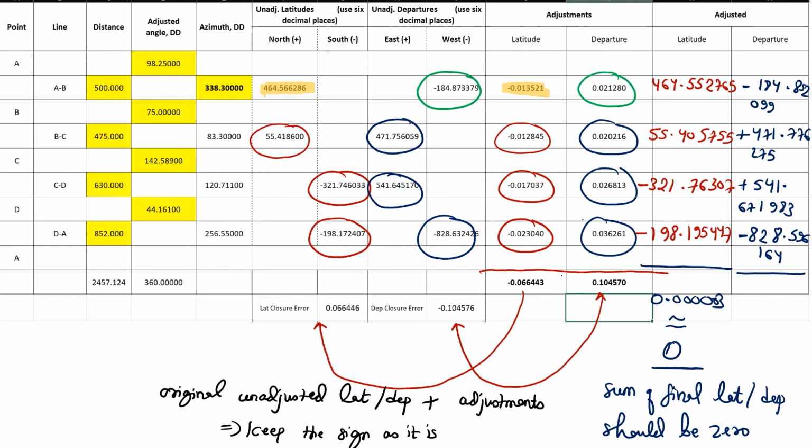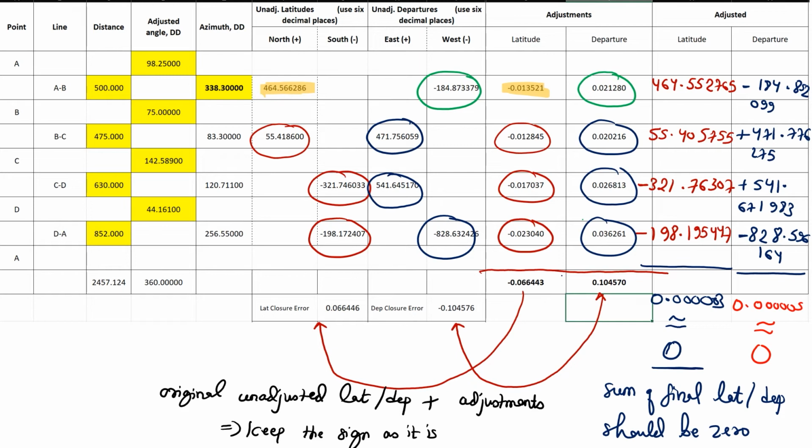Now again, I'll add all these numbers and see the sum. So 184.852099 plus 471.776275 plus 541.671983 minus 828.596164. When I add all these numbers, I'm getting something like 0.000005, which is equal to 0.